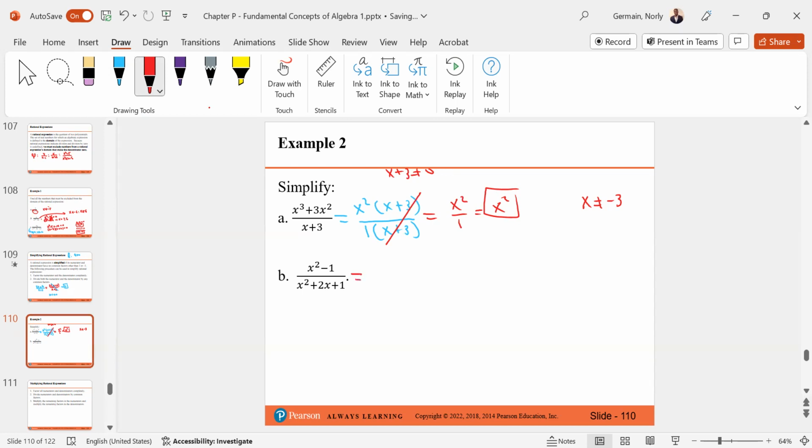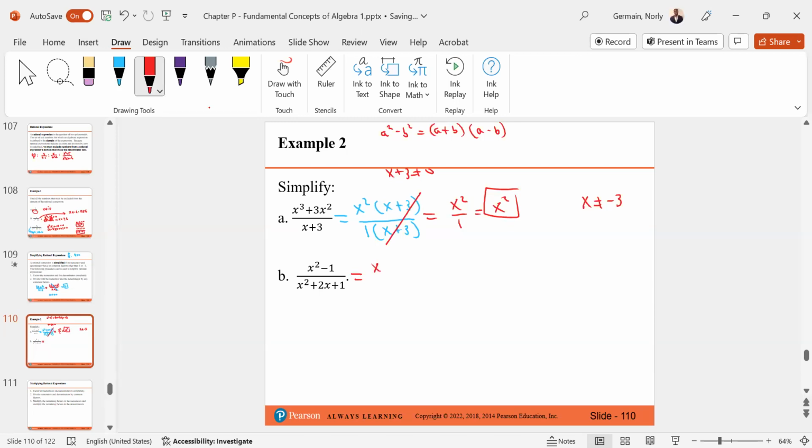Here, looking at the top one, remember a squared minus b squared is a plus b times a minus b. The good thing is we already covered this in section 5, where we did factoring. If you missed it, please go back and watch the video on section 5, because we went over factoring.